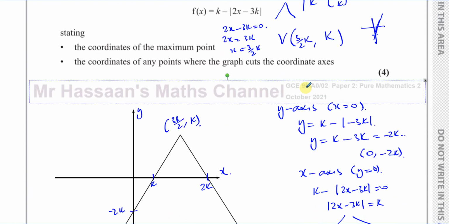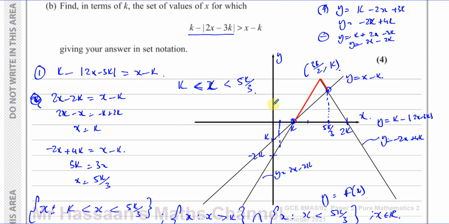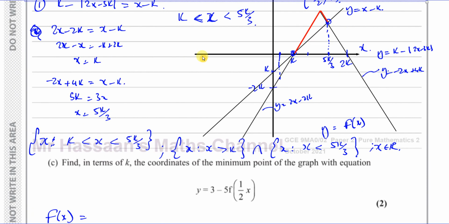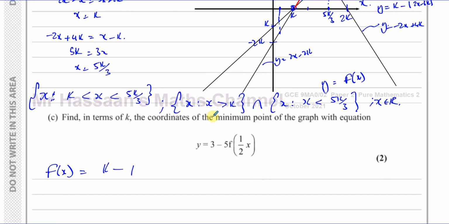So I'm going to take the equation for f of x, which is k minus the modulus of 2x minus 3k. Yeah, f of x is k minus the modulus of 2x minus 3k.